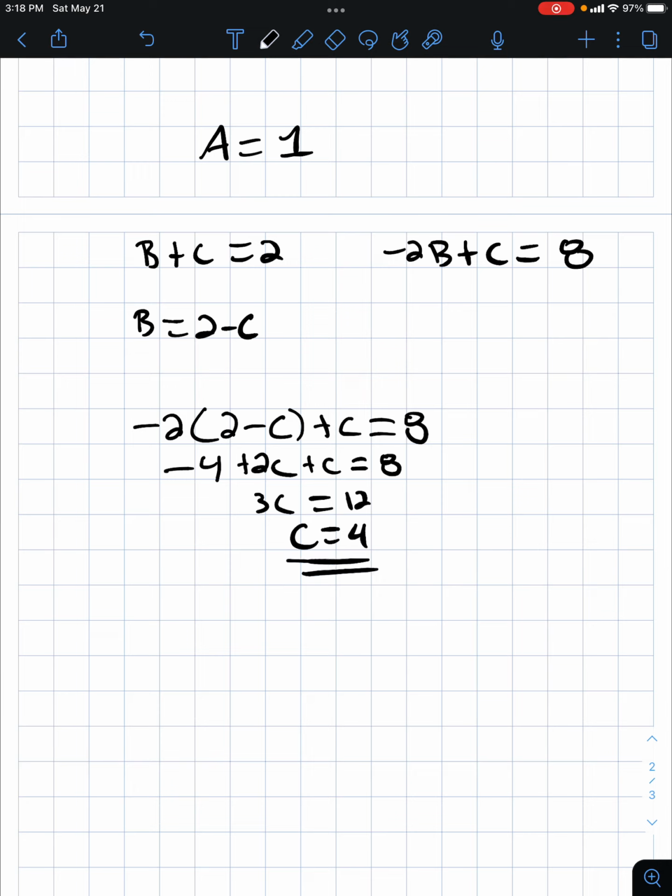Since C is equal to 4, now we can solve for B. B plus 4 equals 2, so B is 2 − 4, which is −2.